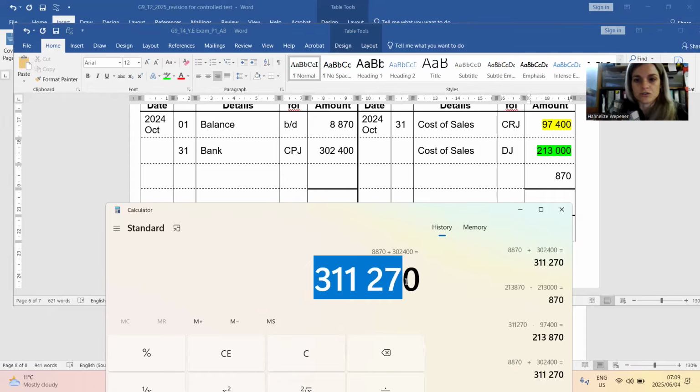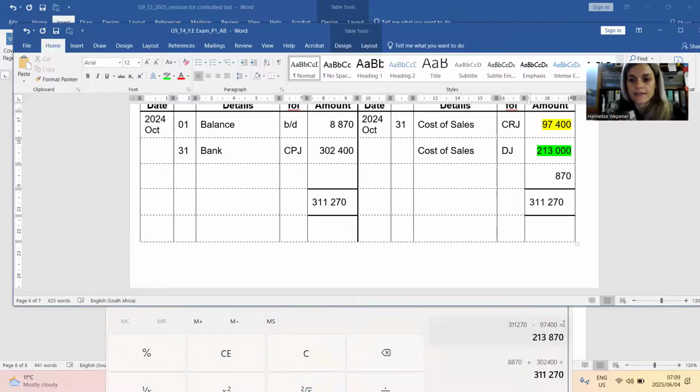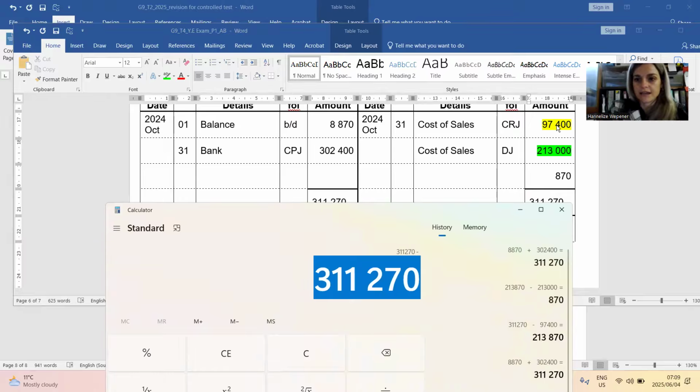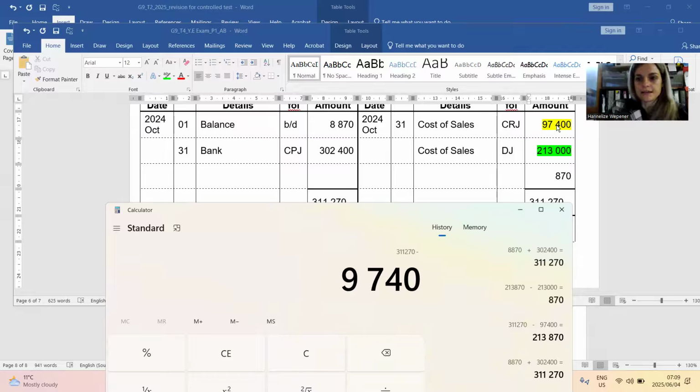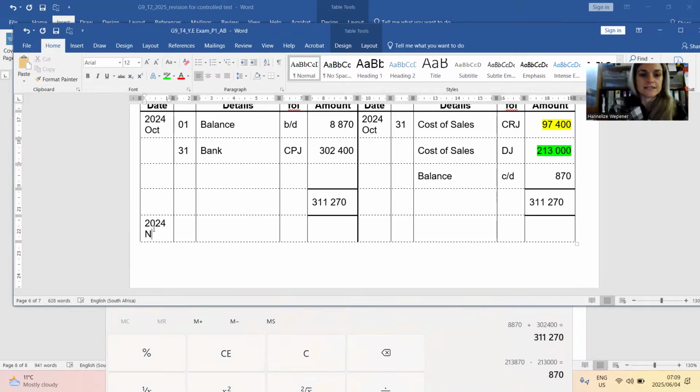I'm writing that total on both sides because the debit side is the bigger one. Then what I did is I subtracted what I currently have on the credit side, which said that I then had a difference of 870. So this is the trading stock that I've left at month end that I'm hopefully going to then sell in November. So balance brought down 870 Rand.